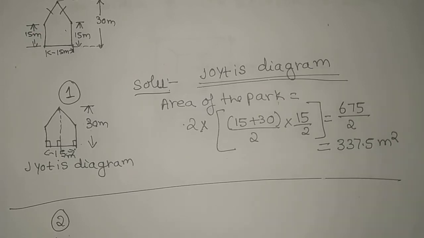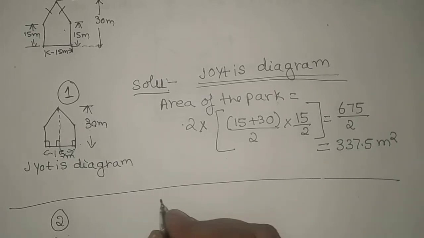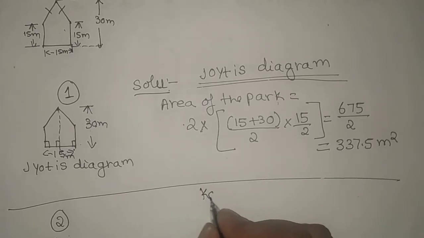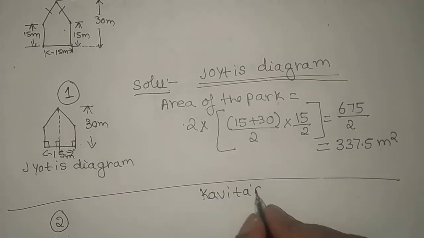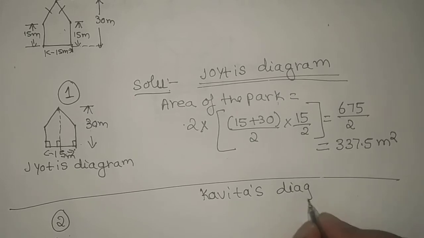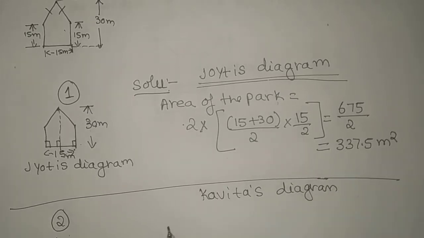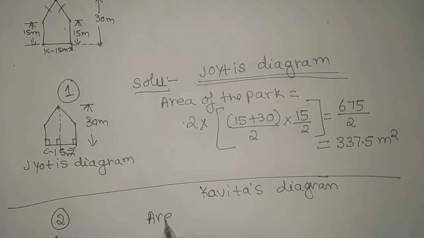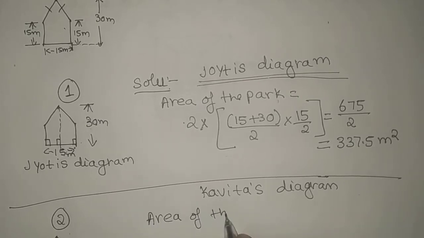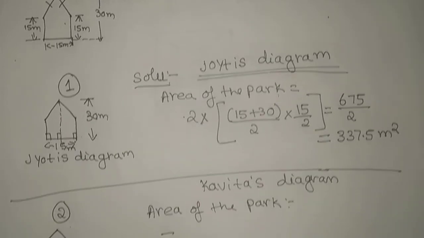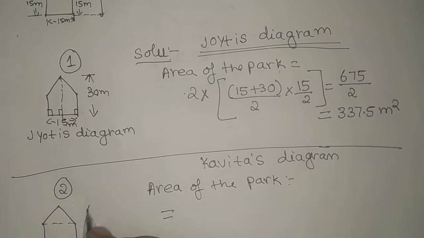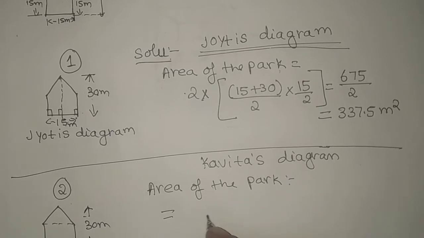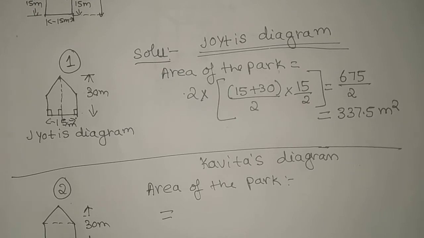So now next we write for Kavita's diagram. So here the area of the park is equal to, here also same thing, this is 30 meters, then this one is 15.